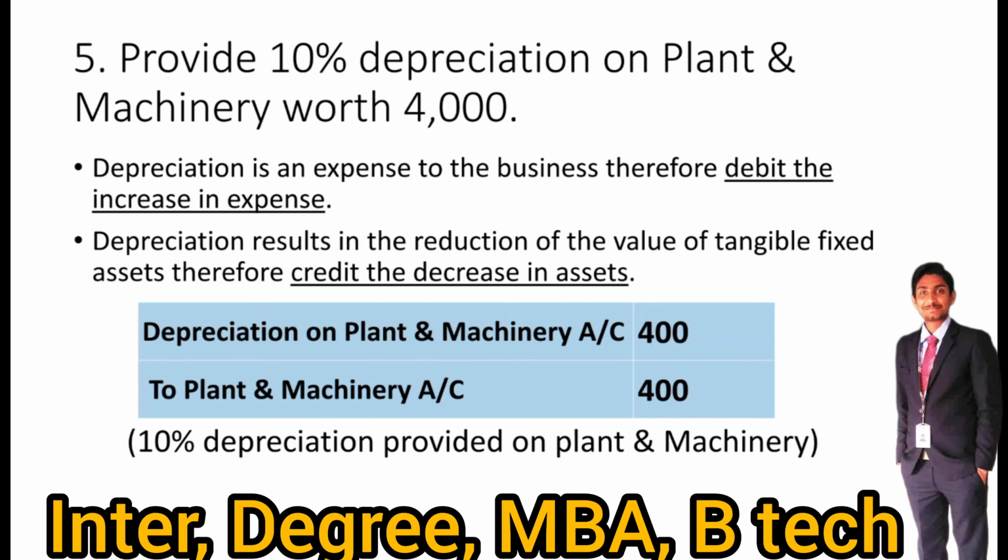And the fifth one: provide 10% depreciation on plant and machinery worth 4,000 rupees. In the previous transaction we purchased plant and machinery worth 4,000 rupees. Plant and machinery is a fixed asset. The fixed asset value decreases by being used for a long period of time.